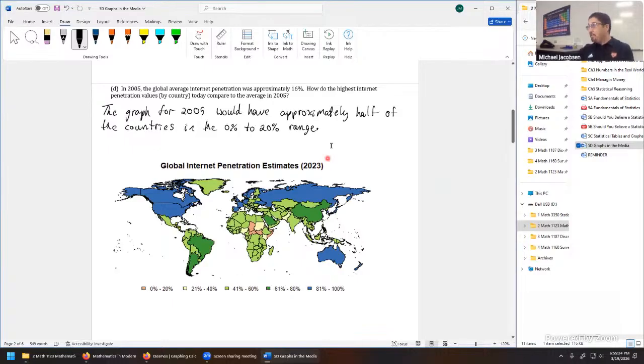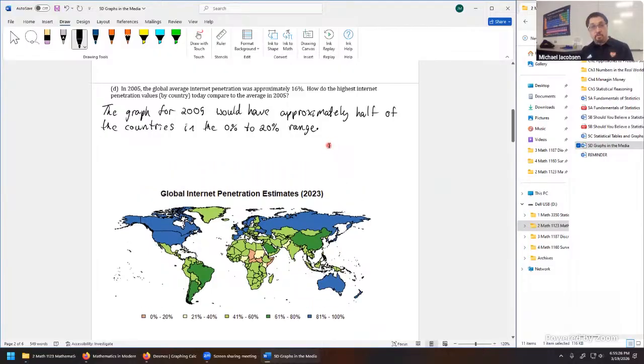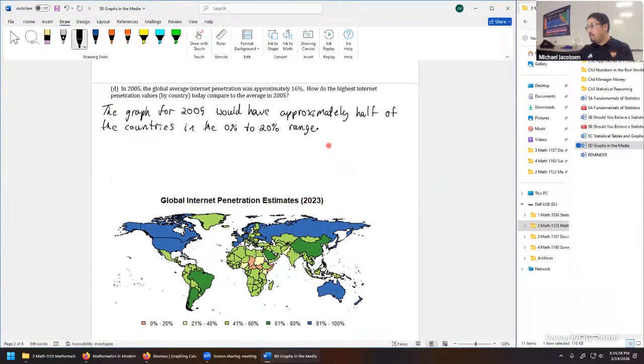Again, imagine what the coloring of that graph would look like. It'd be starkly different. But in 2023, there's 1, 2, 3, 4, 5, looks like 6 countries. It's kind of hard to see because the graphics get kind of compressed with some of the smaller countries.